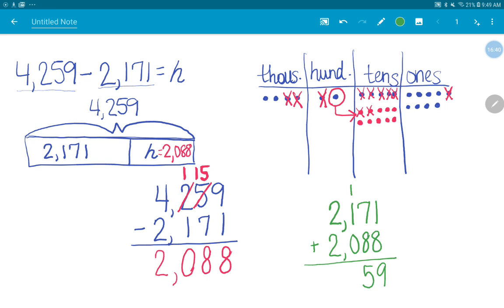Carry the 1 over. 1 plus 1 is 2. And 2 plus 2 is 4. 4,259. Is that the total that we have? 4,259 was our total. So I know that my two parts are correct. All right, very good. You may erase.